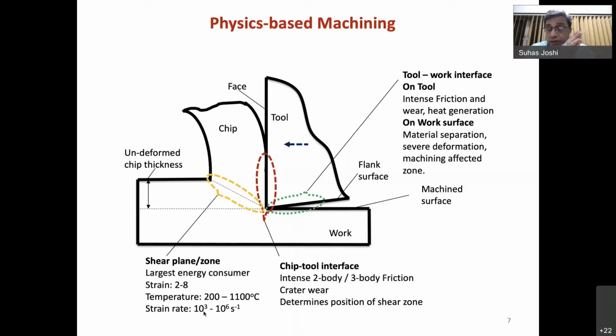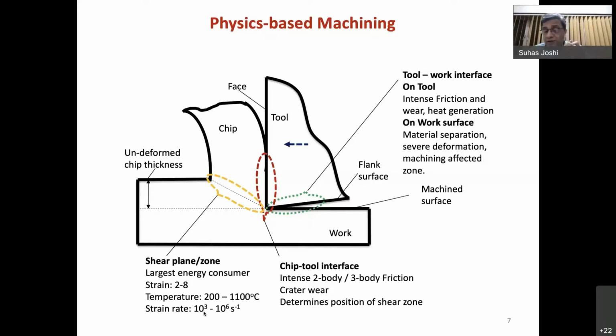Let me tell you that these strain rates are the strain rates of explosion. When bombs explode, the surrounding material is displaced at the rate of 10 to the power 3 to 10 to the power 6 per second. When you are performing a normal machining operation, you are pressurizing the material, you are taxing the material, analogous to a bomb blast.